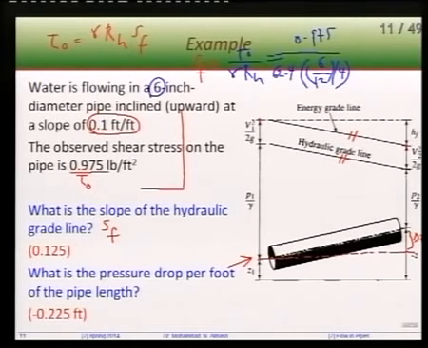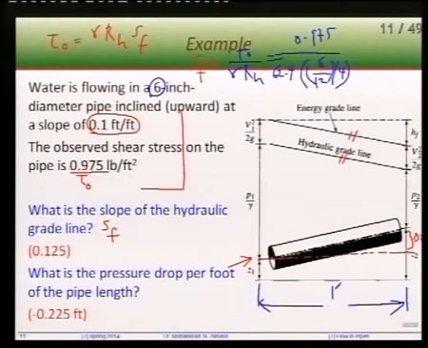Now, what is this? When you solve it at home, you must really get that number. What is the pressure drop per foot? Assume that this length is one foot.